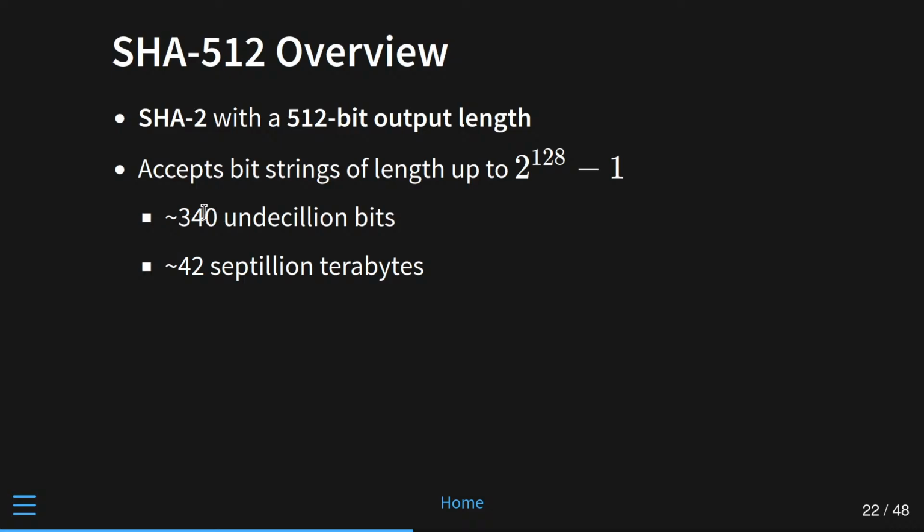So this is a 340, comma, 12 sets of 3 zeros. And septillion is similar, so that is 7, so we add 1 to the 7 because we have an off by 1 error. So this is a 42 followed by 8 sets of 3 zeros, terabytes.